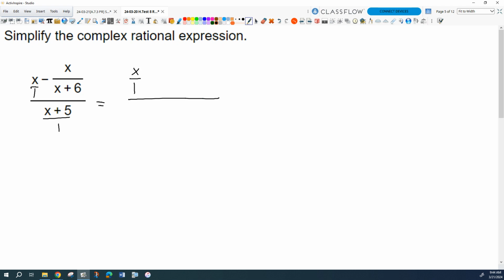I'm going to give myself a space in case I need to multiply top and bottom by something. Minus x over x plus 6. Bottom is already done. So is there anything I need to multiply top and bottom by in this term? X plus 6.